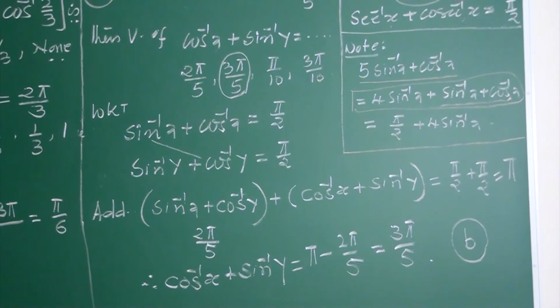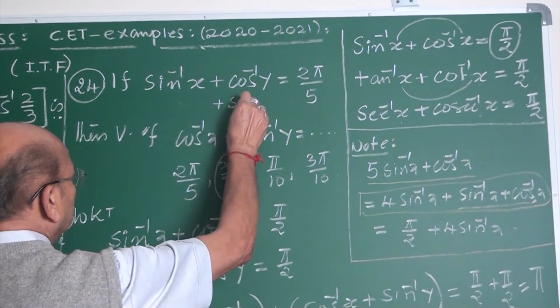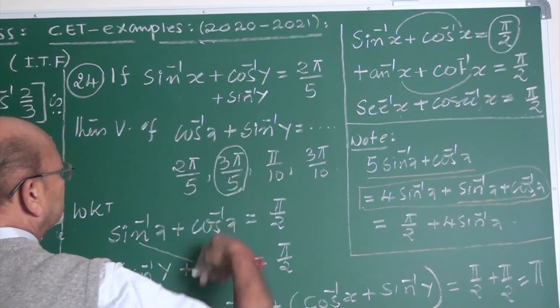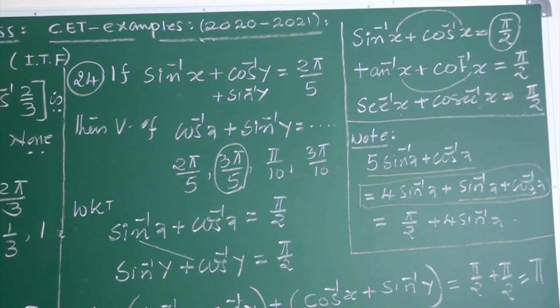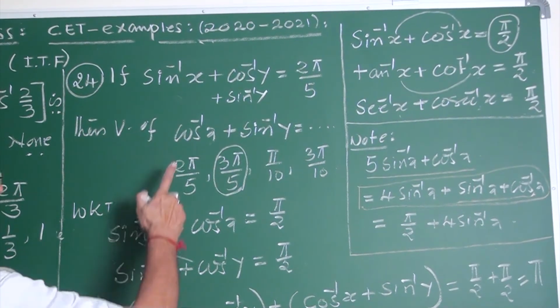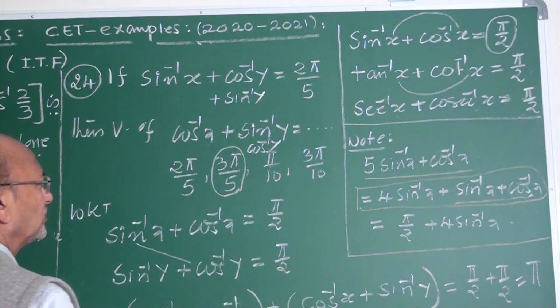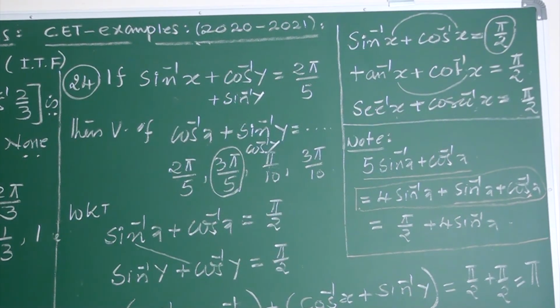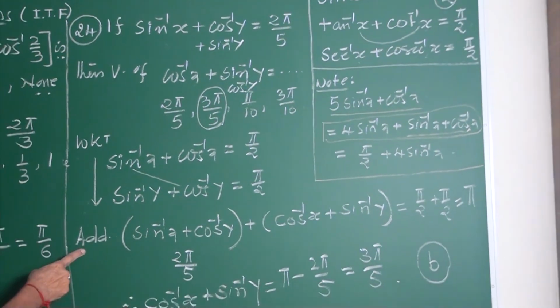Now instead of this, sometimes they may give sin inverse x plus sin inverse y equal to 2 pi upon 5, or anything they may give. Then they may ask the value of cos inverse x plus cos inverse y equals dash. Here you have to write this step, the addition.